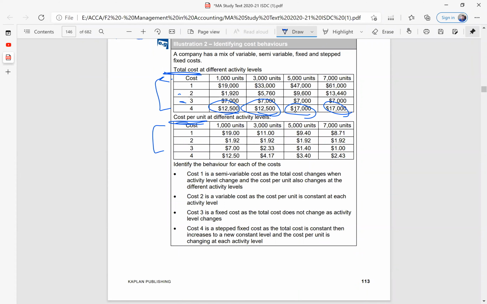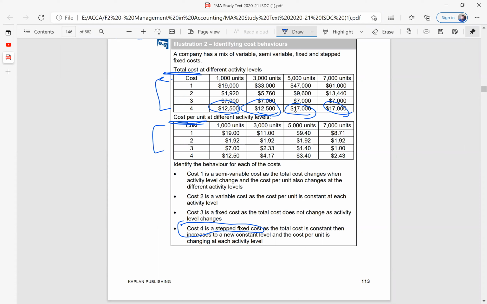So this seems more like a stepped fixed cost. Why? Because it remained constant up to a level of activity and then it changed. Still, after changing, it became constant up till a limited level of activity, right? So this is a stepped fixed cost.